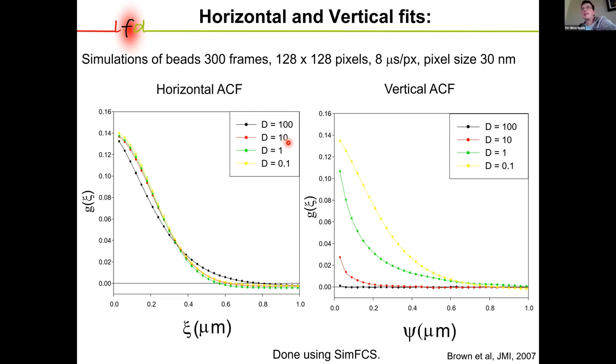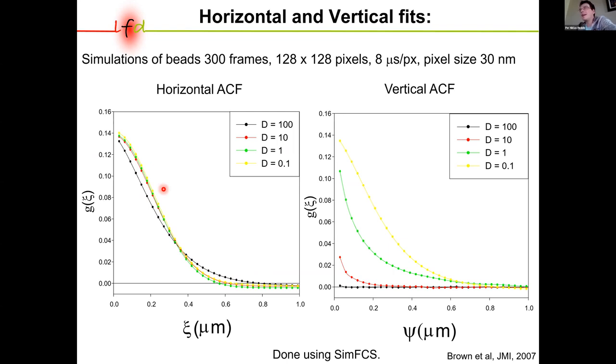Then for 10, this goes down. You have more this classical Gaussian shape. And you see that between 10, 1, and 0.1 for these settings, there's not that much difference anymore in the pixel-to-pixel correlation. So the pixel-to-pixel correlation is more sensitive for a faster time scale.